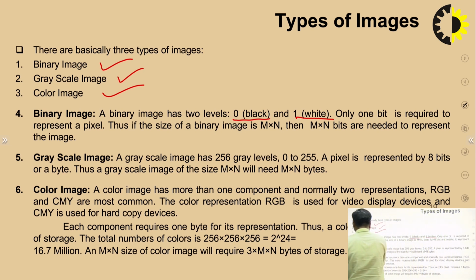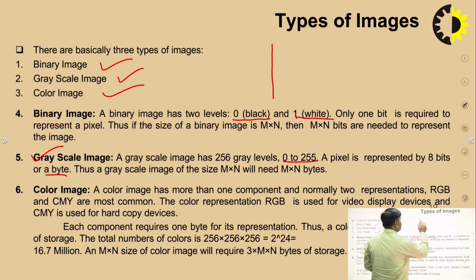A grayscale image has 256 gray levels, meaning the range of a grayscale image is 0 to 255, and a pixel is represented by 8 bits or a byte.